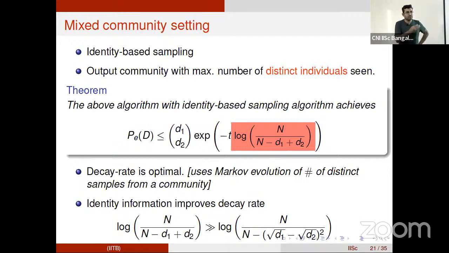If you use this information of whether you are seeing new samples or not, that can give you a much higher decay rate under certain instances than if you completely ignore this identity information and do it in a completely private way, in some sense. That can lead to a lower probability of error. This tells us quantifiably the gain that you get by using identity information.